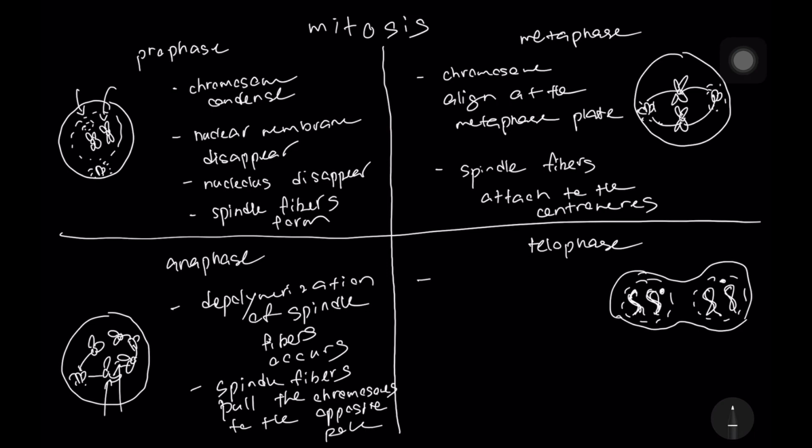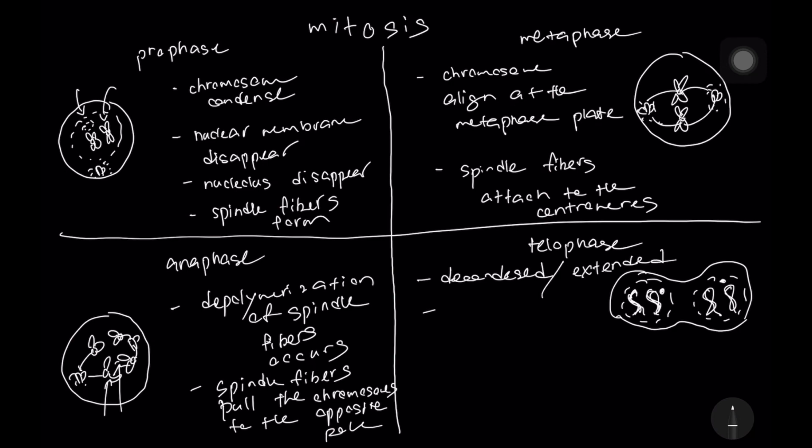Telophase is really easy because it is the opposite of prophase. In prophase the chromosomes condense, but in telophase the chromosomes decondense, or in simple words, extend.